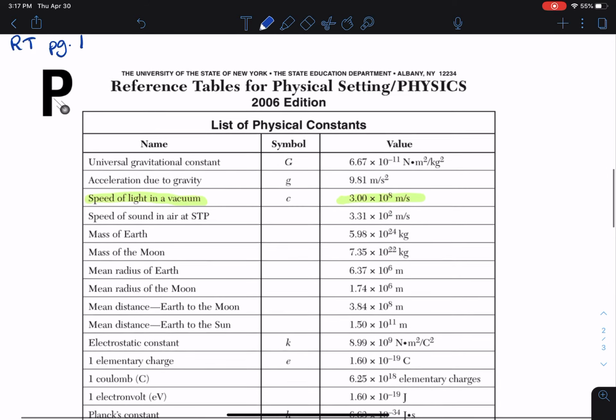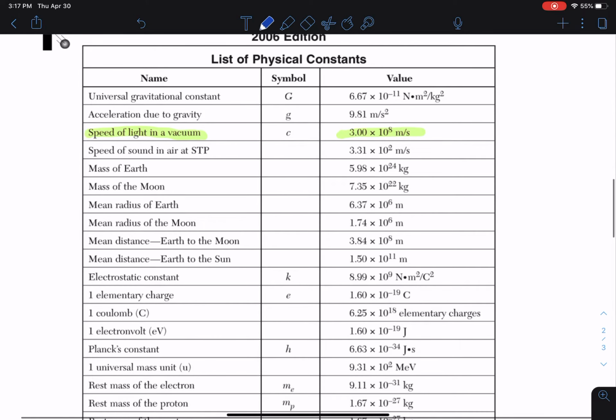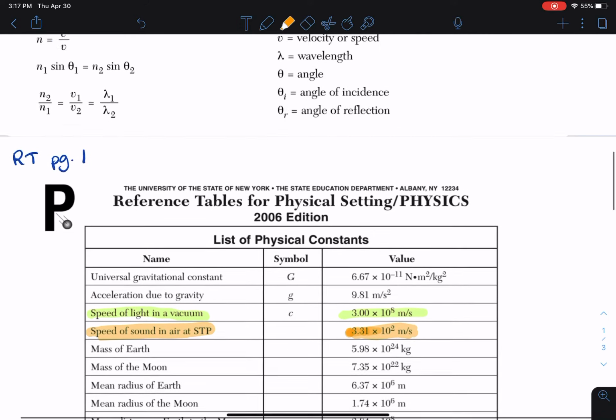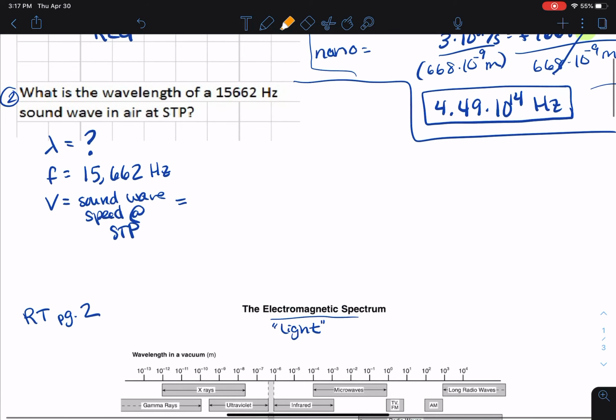But for the purposes of this, we're going to assume that it's speed of sound at STP. So we look in our table of constants and we see speed of sound in air at STP is 3.31 times 10 to the second meters per second. So that is the value we are going to use, 3.31 times 10 to the second meters per second.